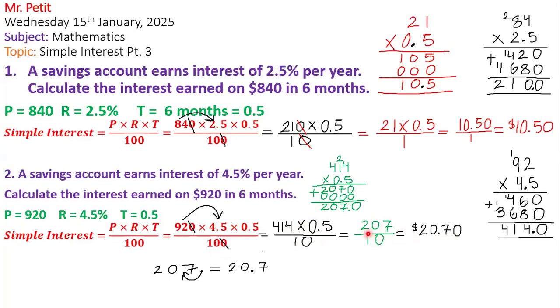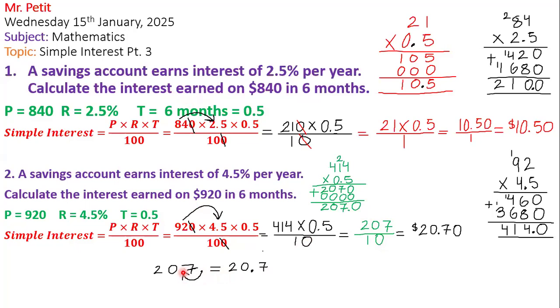Does that make sense? Let me know if you understand that. Yeah, it makes sense. I see you have the 207 there. You say the decimal point goes... Oh, you mean when I divide it by 10? When I divide it by 10, I just move it to the left.